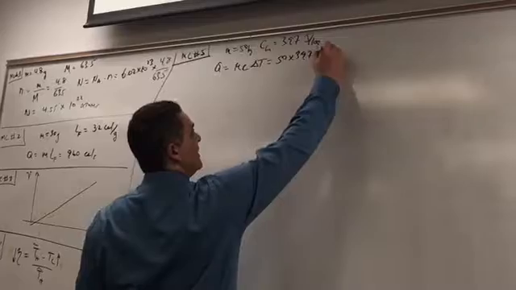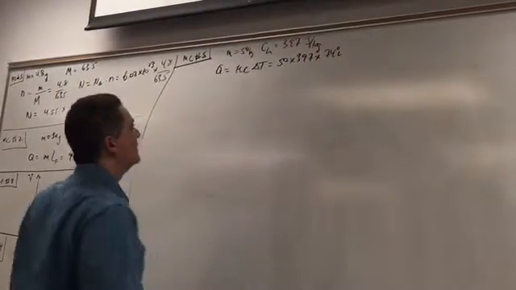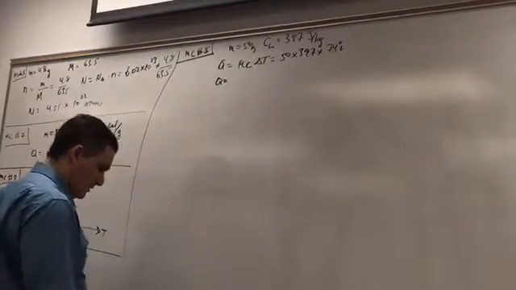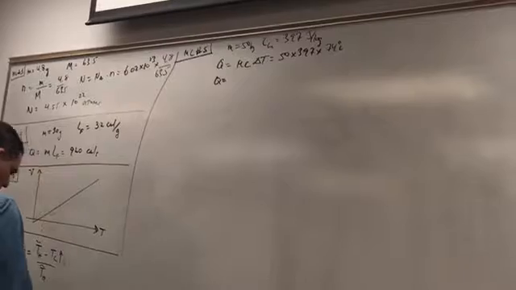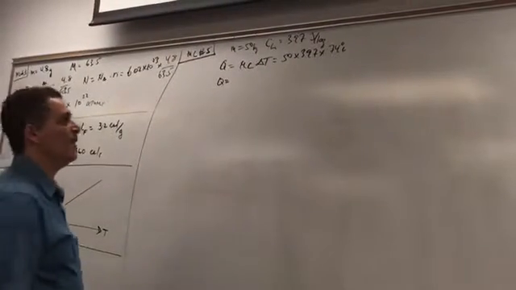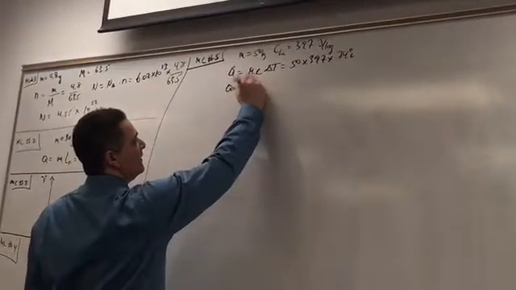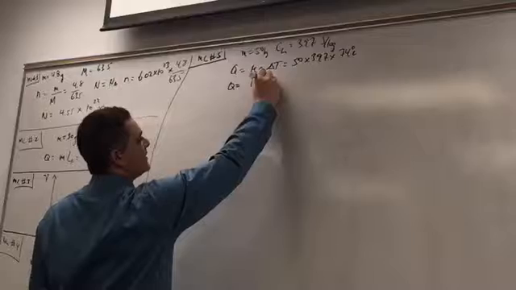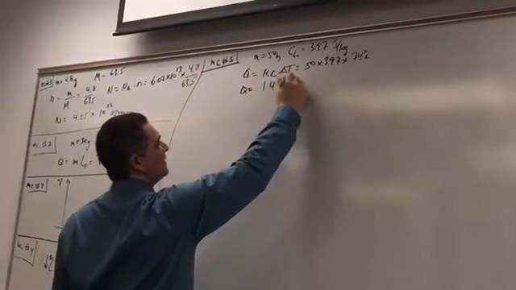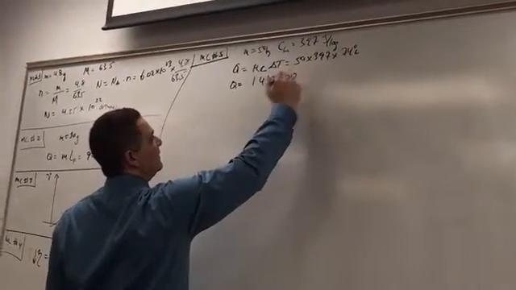So it's 94 minus 20. So Q equals, whatever, 1,468,900 joules.